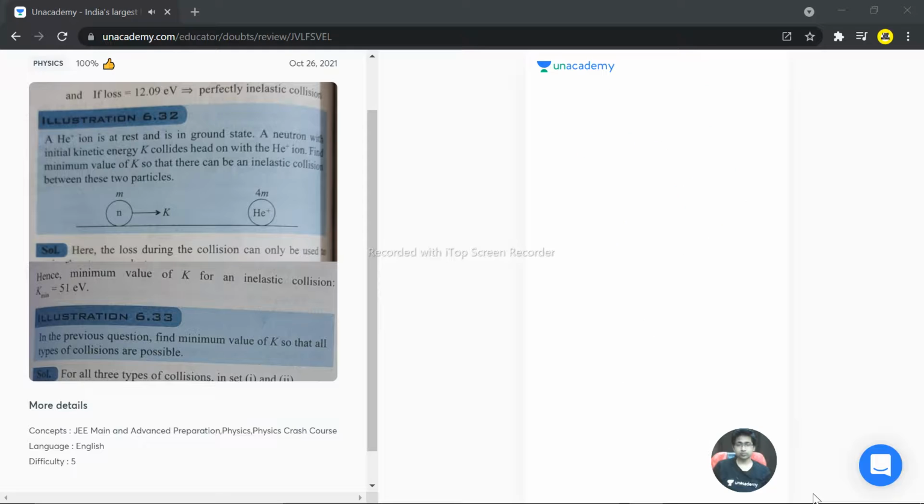So this value 4K by 5 must be greater than the given value. Now that's a thing we need to understand: the energies. We need to use the energy relation. We know that E is equal to E naught Z square divided by n square, and here we are talking of the helium ion.